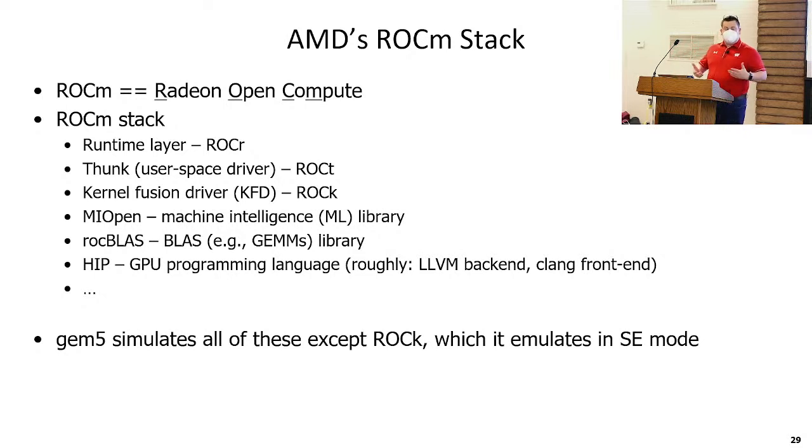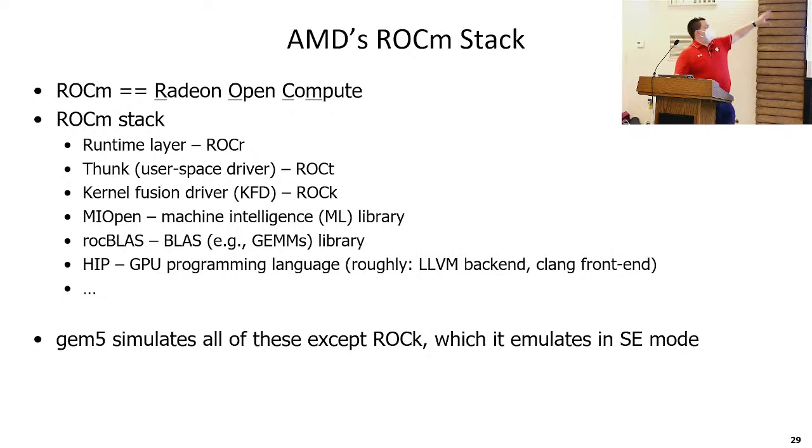And the short answer is gem5 can be statically or dynamically linked. I think normally I dynamically link it. And in SE mode, it's going to run all of those different libraries except for the lowest level one, which is the Kernel Fusion Driver, or KFD, which in that picture I called ROCk. And that is where the actual OS, malloc-type things are happening.